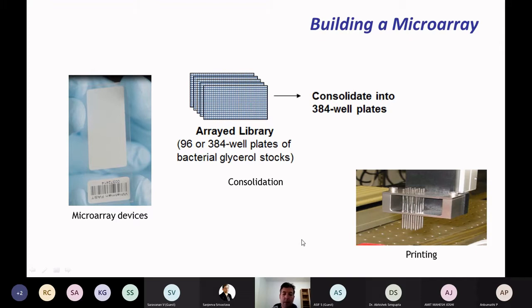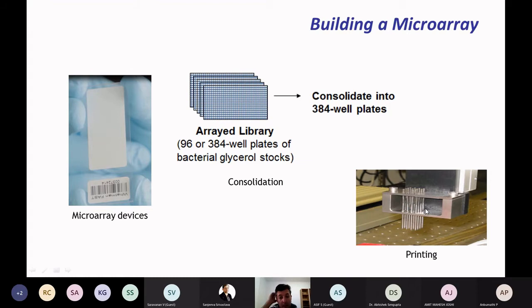And then after having the collection in 96 well plates, we consolidate them in these 384 plates using multi-well pipettes, or specifically we use robots for transferring the 96 well collections to 384 well plates.